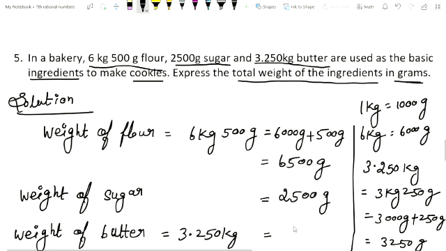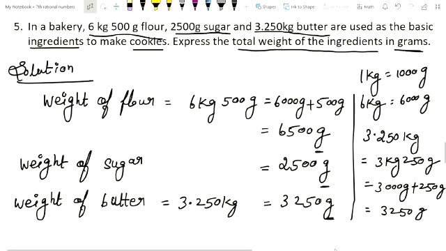Now see here, the units are the same. Now you add this because they asked for the total weight of the ingredients.